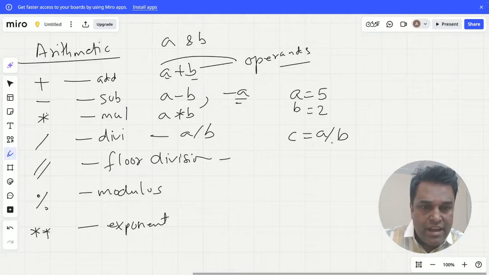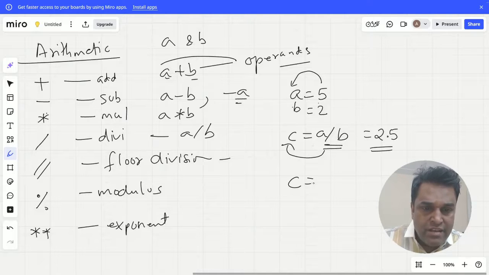This is at the right hand side and this is at the left hand side. Whatever operation you do over here will be assigned to c. Like this, 5 gets assigned to a, 2 gets assigned to b, and whatever operation we perform will get assigned to c over here. So a will be divided by b, so it will be 2.5.